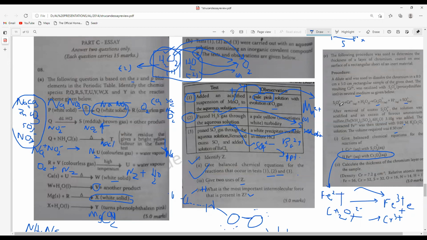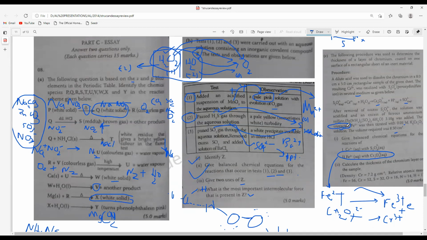Then you remove this excess, then you acidify, and then you add ferrous ammonium. So if you add ferrous ammonium, there is Fe2 plus here. That is titrated with K2Cr2O7, that is unreacted. This is an important point to understand. What do you mean by unreacted?